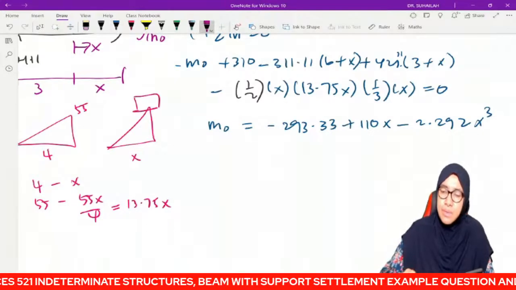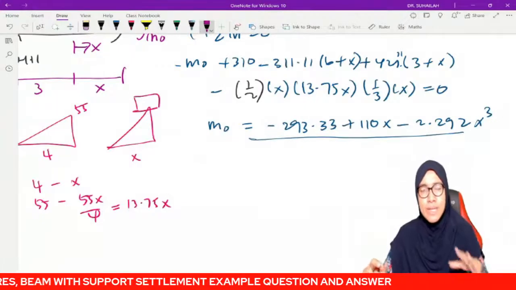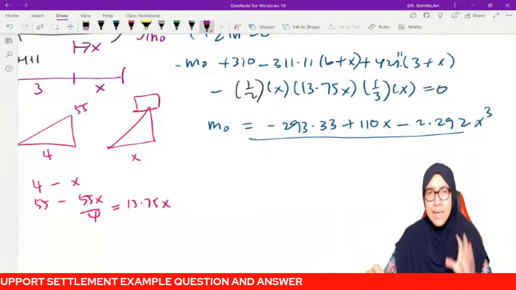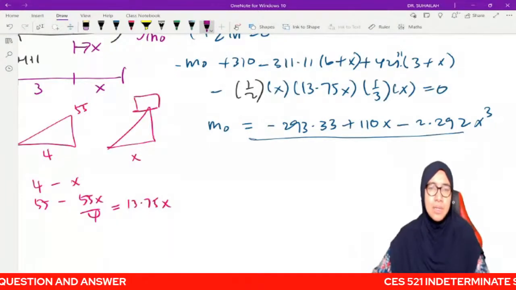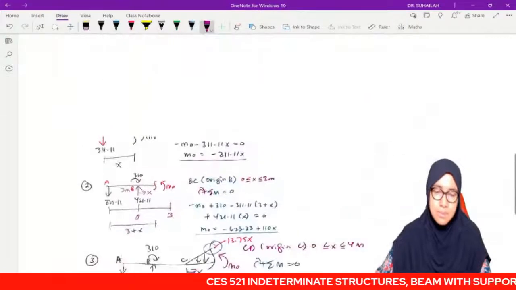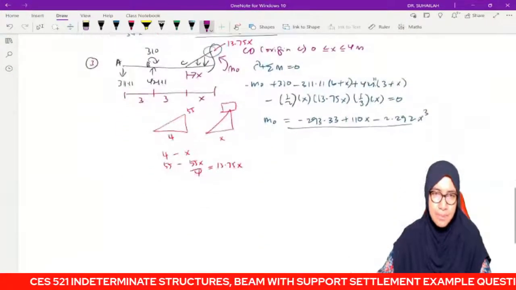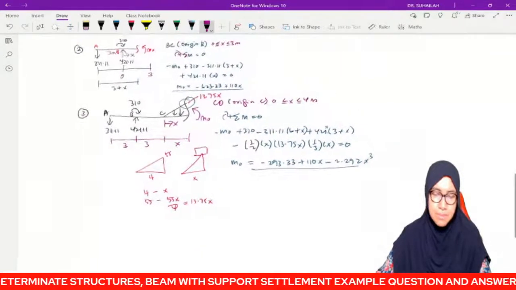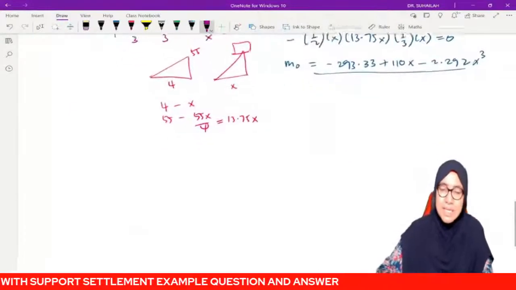So this will be the moment equation for cutting section number 3. Only after this can we move to the redundant system.